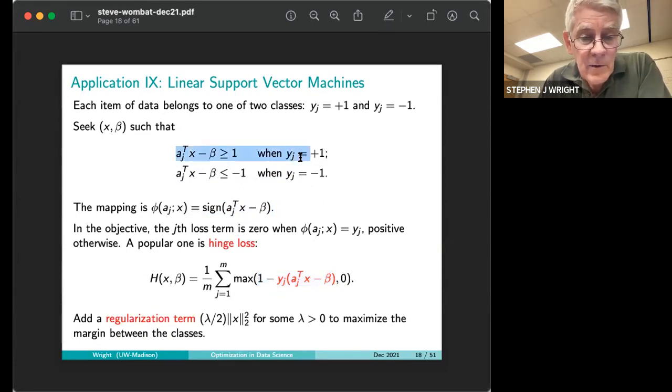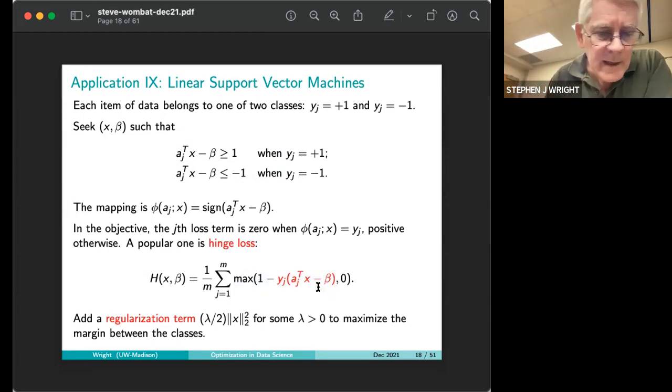However, when these conditions are not satisfied, the resulting loss is going to be positive, okay? And so by minimizing this loss function, I'm trying to find an x and a beta which make the sum over all of the training terms 0, if possible, or if not, as small as possible, okay? So if I can make it 0, it means I'm correctly able to classify all the objects. If I'm able to reduce it to something small but non-zero, it means a few of the objects are not going to be correctly classified, but most of them are.